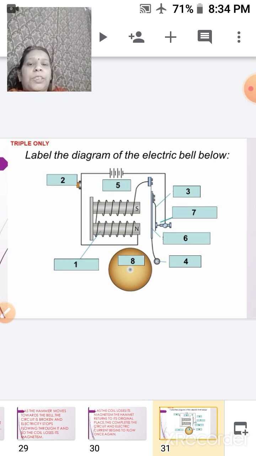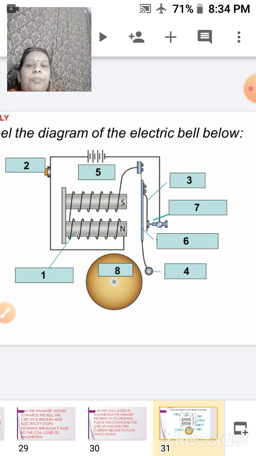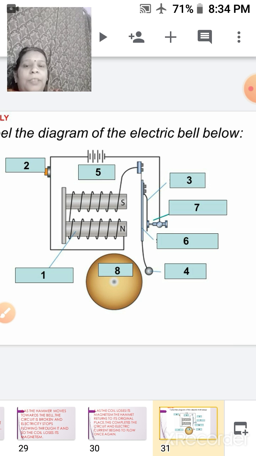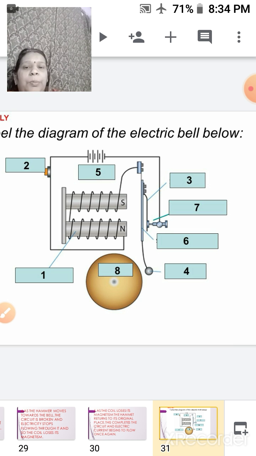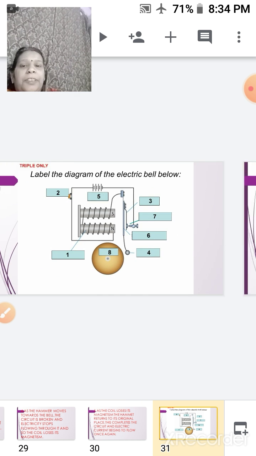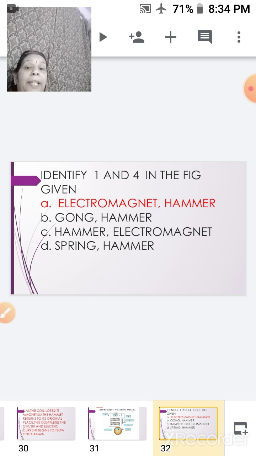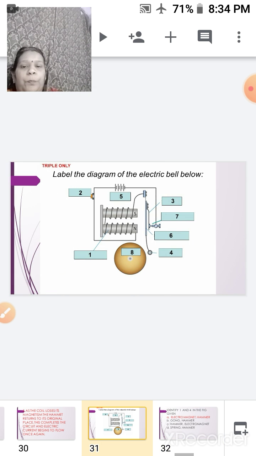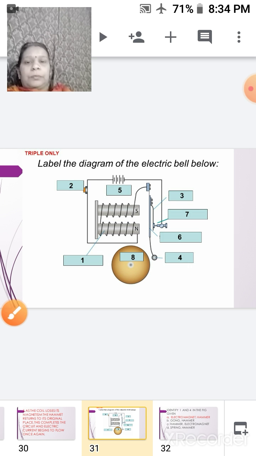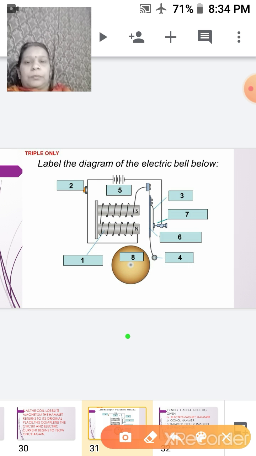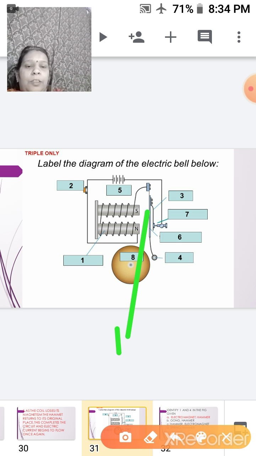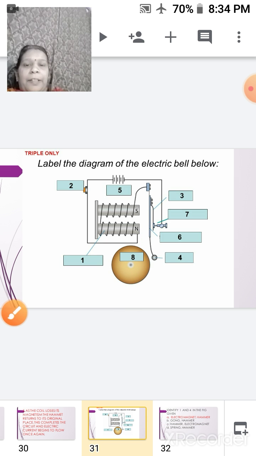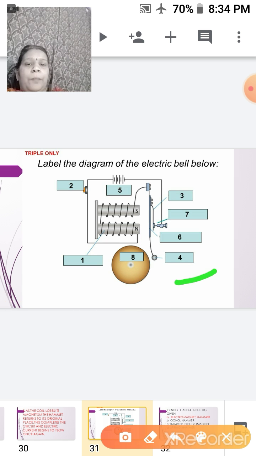Here children, a figure of the electric bell is given and you will be labeling that, and a question is related to it. You will identify 1 and 4. Here 4 is here, and 1 is here.